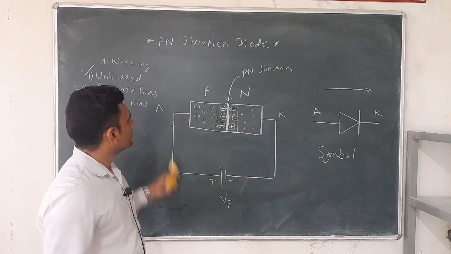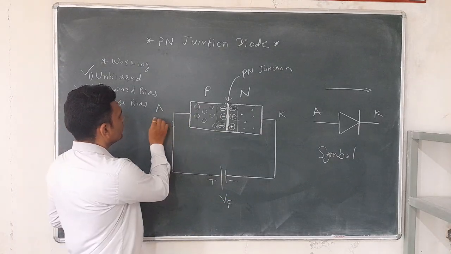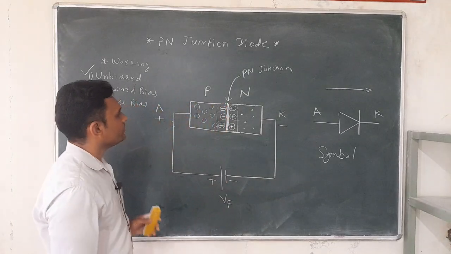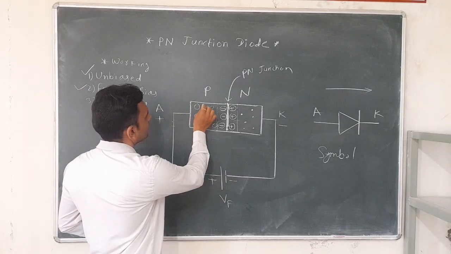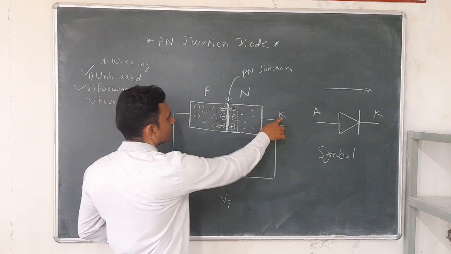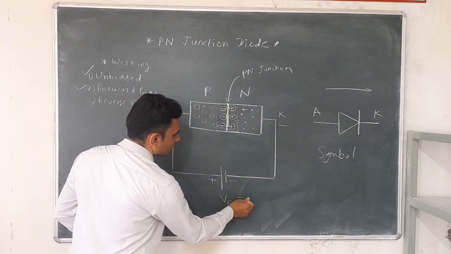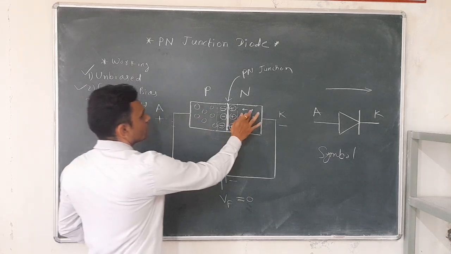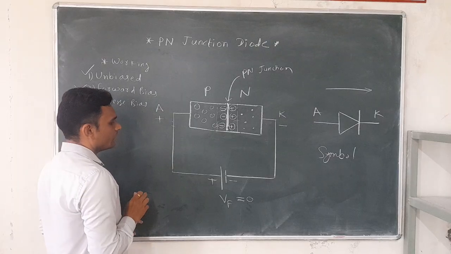So when this PN junction diode is forward biased, anode terminal is positive and cathode is negative. So this positive anode terminal repels these holes. Similarly, cathode terminal repels the electrons. If this forward voltage is 0, then current is 0, no current flows through the PN junction diode.